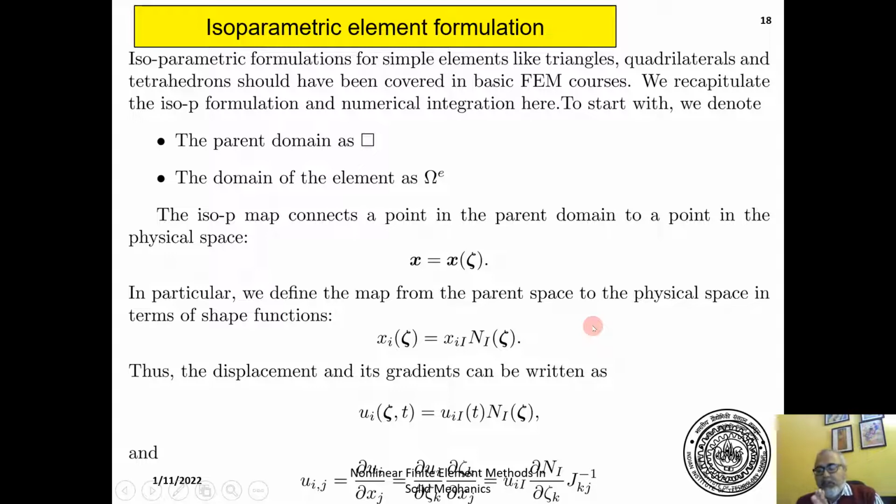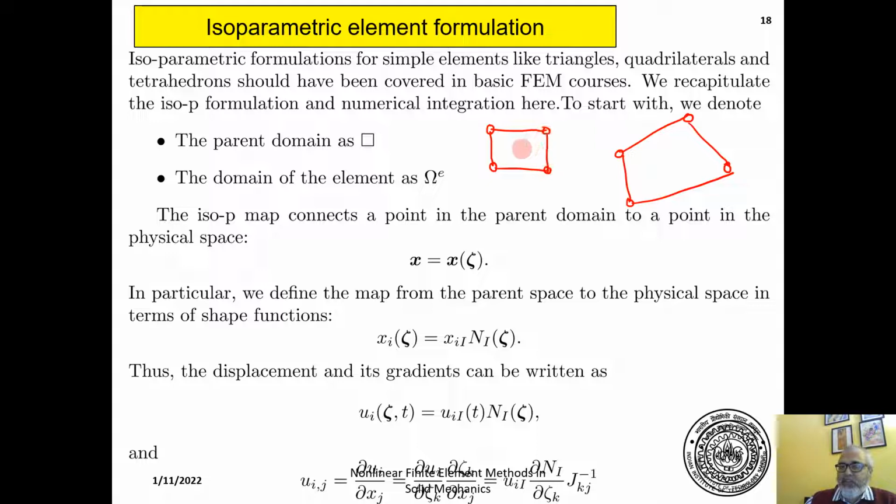The last thing that I want to recapitulate from your basic finite element course is the idea of the isoparametric element formulation, where you remember we map a physical element, let's say a four-noded quadrilateral, from a parent element, which in case of the four-noded quadrilateral is a four-noded square.